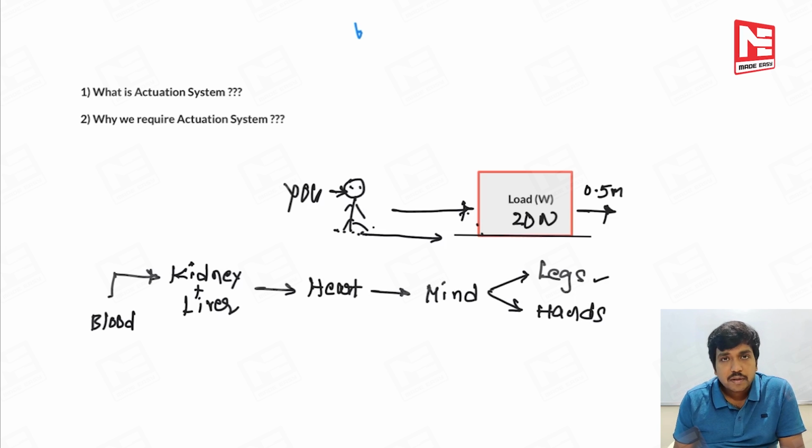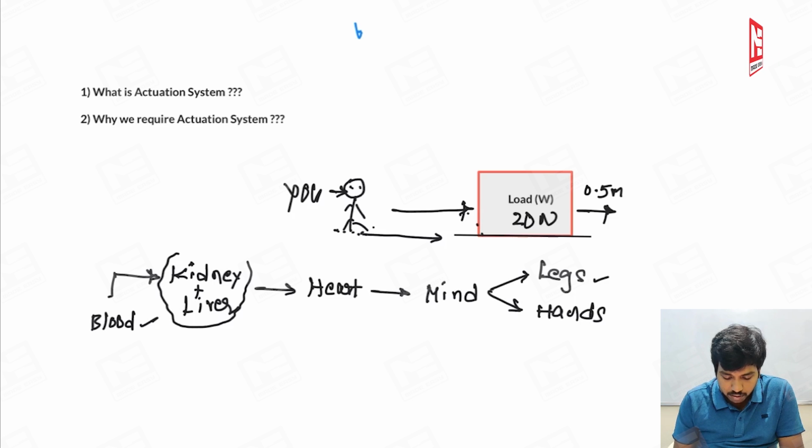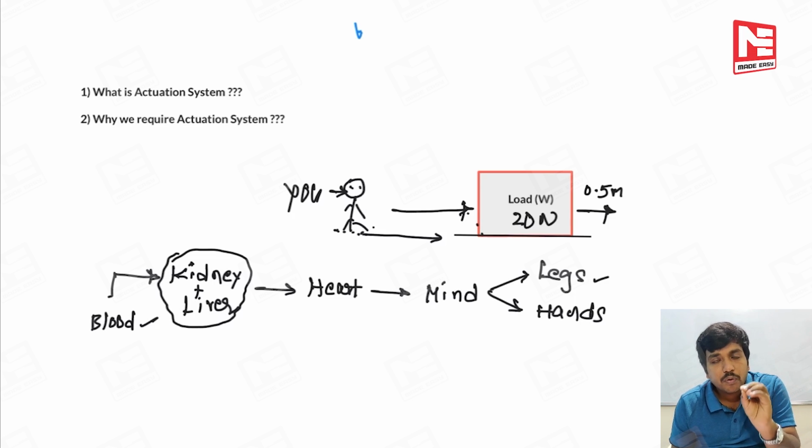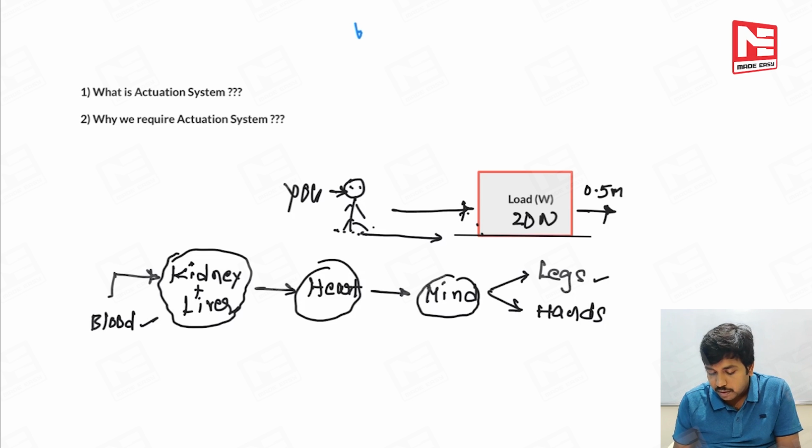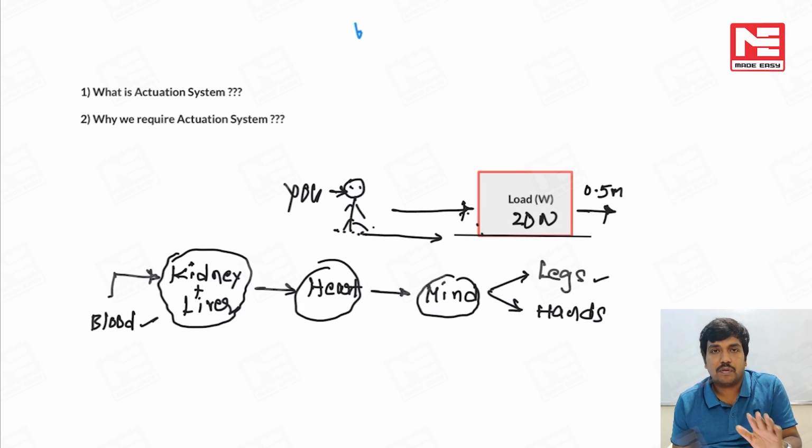To perform this particular task, you first require blood. Then the kidney and liver organs purify the blood, the heart pumps the blood, and then the mind or brain channelizes the purified blood into legs and hands, right?